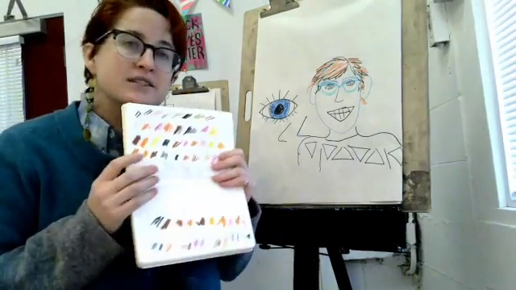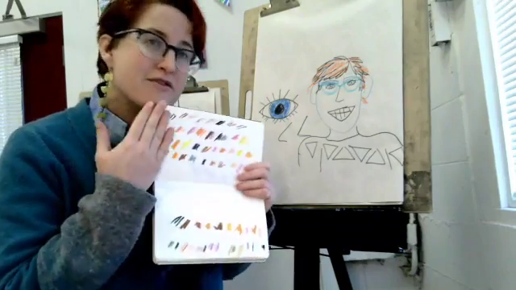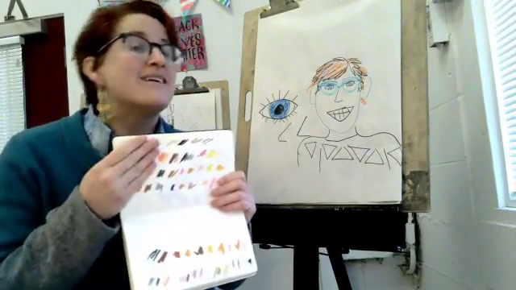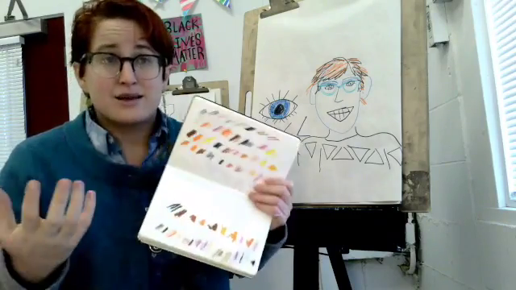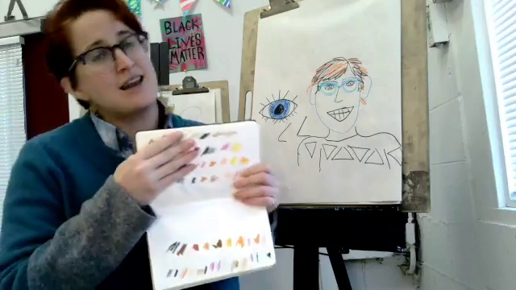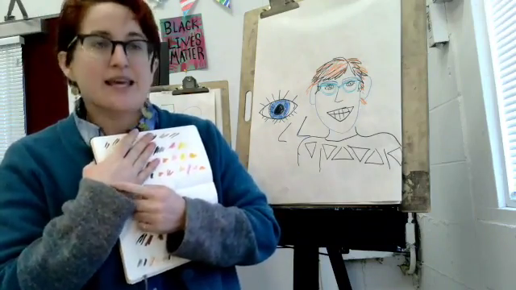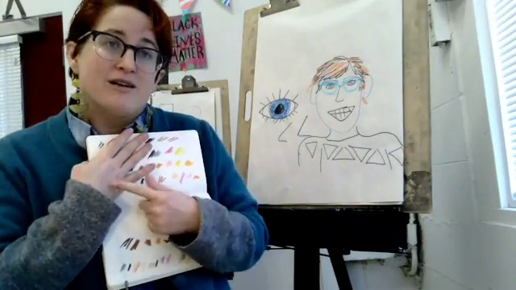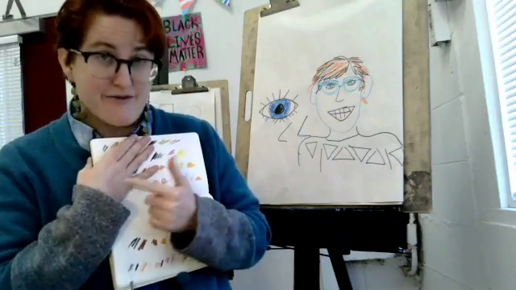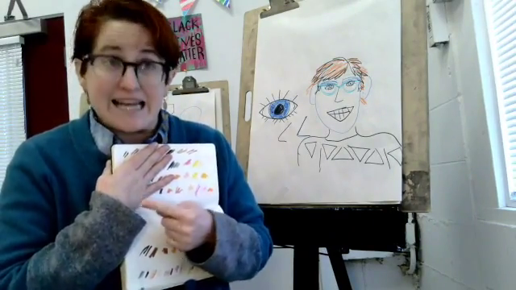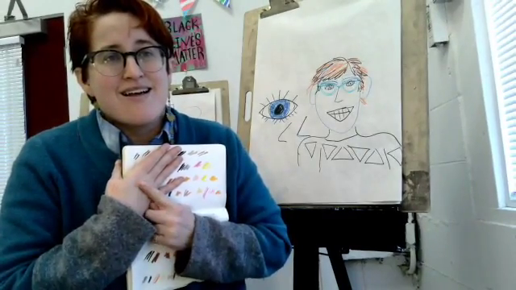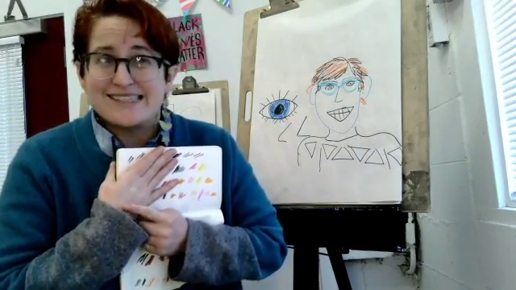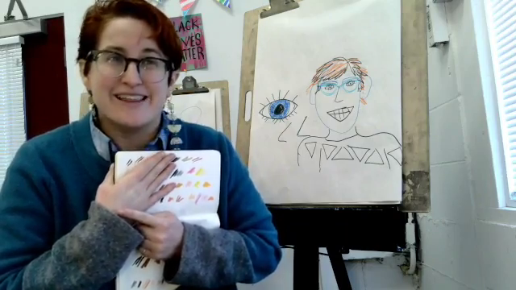Everyone's skin tone is different because everyone has a different amount of melanin in their skin. Melanin is a chemical within our skin that helps make it either lighter or darker. My skin does not have a lot of melanin in it because my mom and dad's skin also did not have a lot of melanin in it.